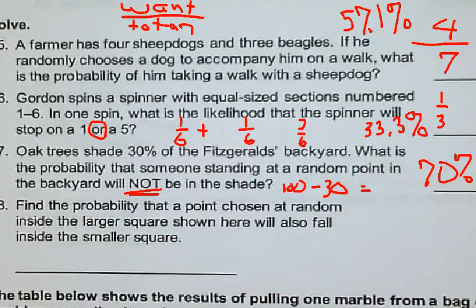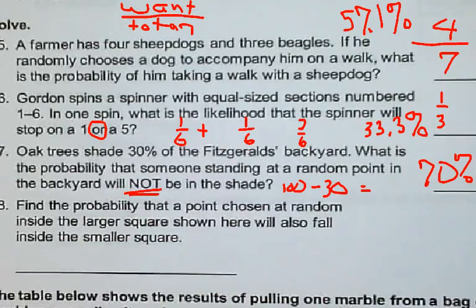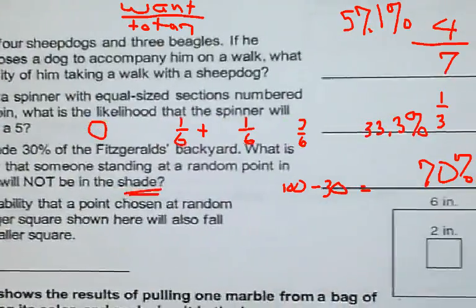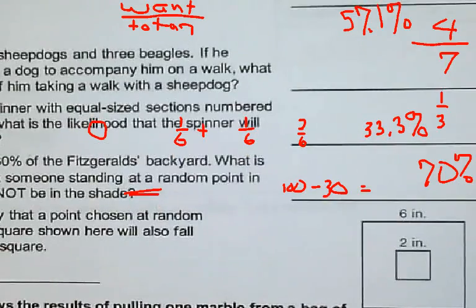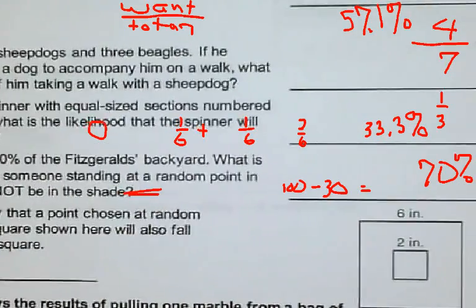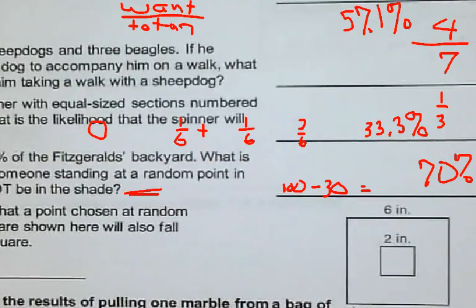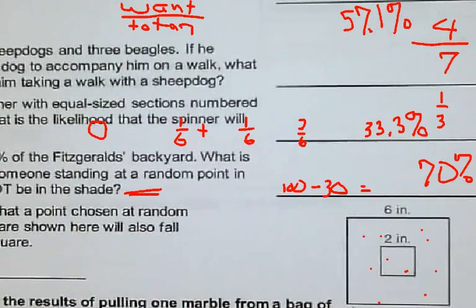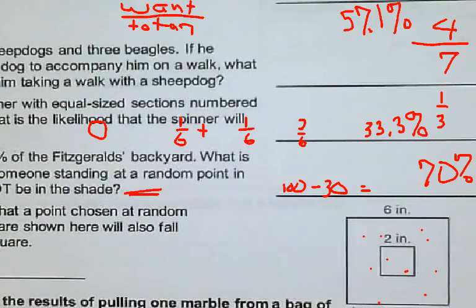Find a probability that the point chosen inside the big square is also going to fall inside the small square. Where is that? Oh, the square's over here. I have to slide. Okay, so the question wants to know what's the probability that if I'm throwing darts at this dartboard, it's a square dartboard, that it lands in the center, right?